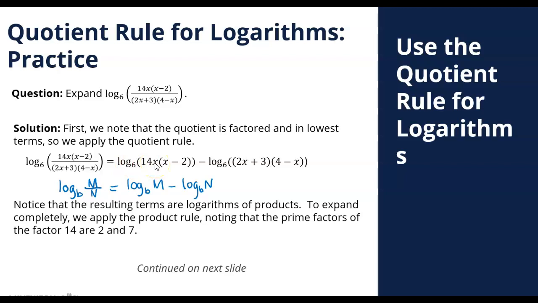But before we do that, we have to completely factor this expression first, since this one is not completely factored. We can still write this as a product of 2 and 7. So we need to write even the numbers as product of prime factors.